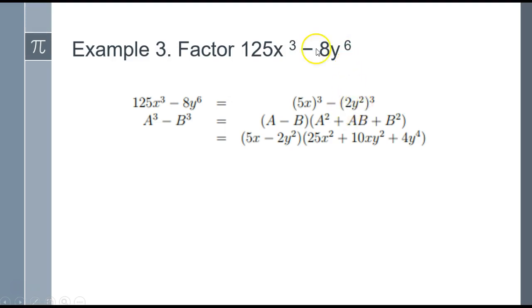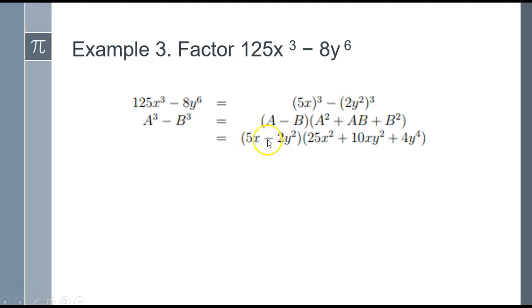So that's what I've done here. And 8 is 2 to the third power, so the cube root of this term is 2y squared. So now I can see I identified a as 5x, and my b for my formula is 2y squared. I have to be careful again when I put these in the formula and simplify.